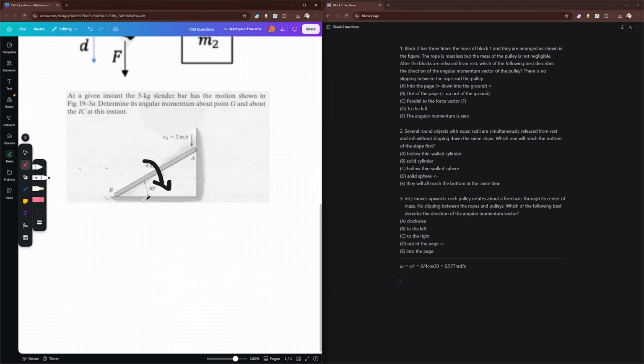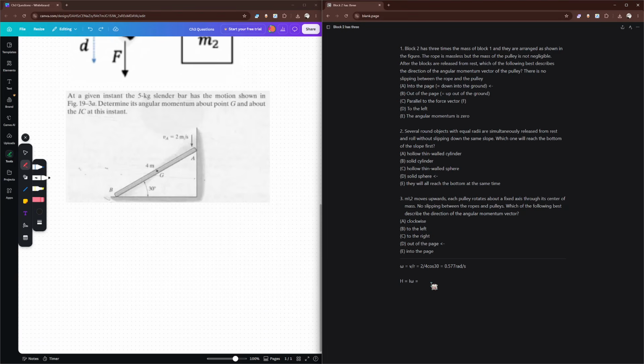And we want the angular momentum around G, so we can get the velocity of G, but it doesn't do anything for the angular momentum, right? So we're just going to stick with omega, right? And angular momentum, H, is equal to I omega, right? And this is about G.